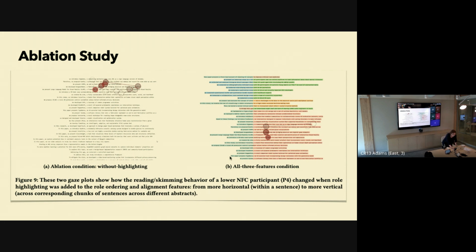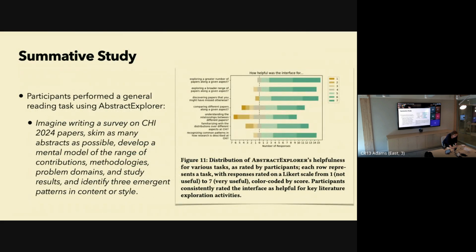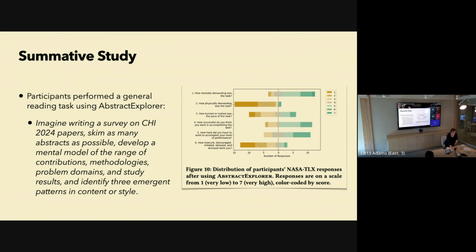And so in a summative study where we had people write a survey on Chi 2024 papers, we asked them to skim as many abstracts as possible, develop a mental model of the range of contributions, methodologies, problem domains, and study results, and identify 3 emergent patterns and content styles. So basically, just a mental model of what happened at Chi last year? We found folks were able to take advantage of these features. It was mentally demanding, but they felt supported.